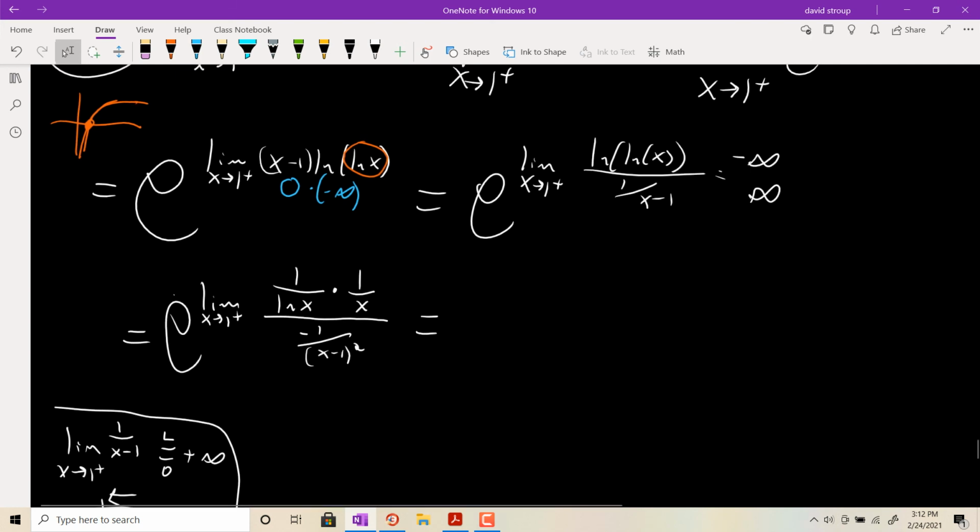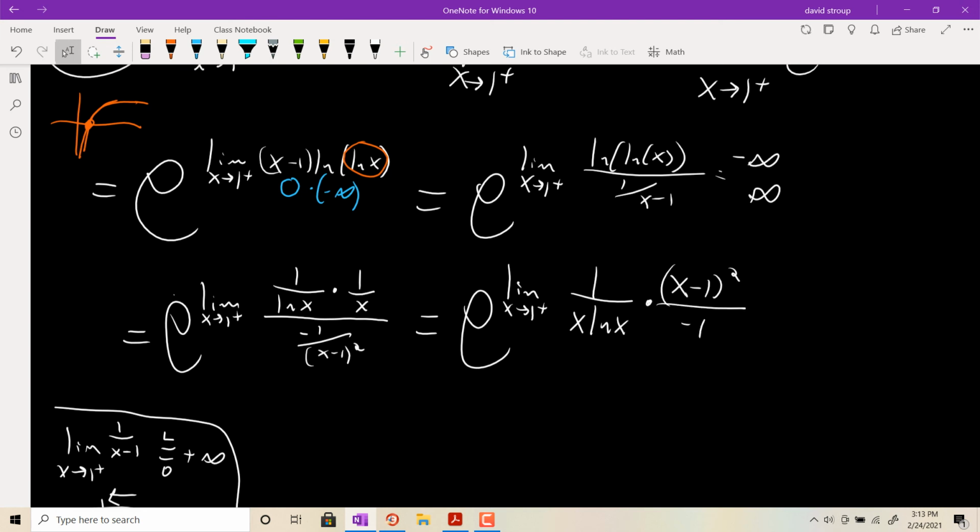Okay. So e to the limit as x goes to 1 from the right now of basically, I'll rewrite this using the commutative multiplication rule, x ln x divided by, in other words multiplied by the reciprocal of that denominator, which is going to be x minus 1 squared all over negative 1.